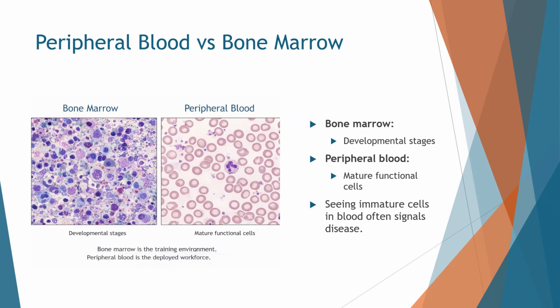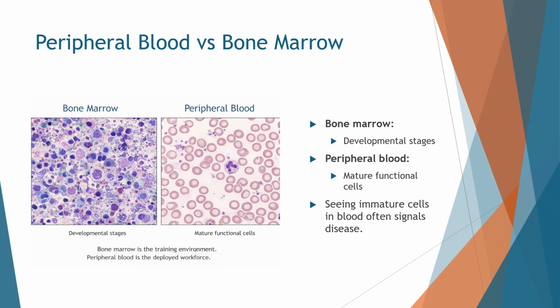Peripheral blood, however, should contain mature functional cells, cells that have graduated and are now doing their jobs. So when immature cells show up in circulation, like blasts, early precursors, or nucleated red blood cells, that's a red flag. It often means one of three things. The marrow is stressed and pushing cells out early.